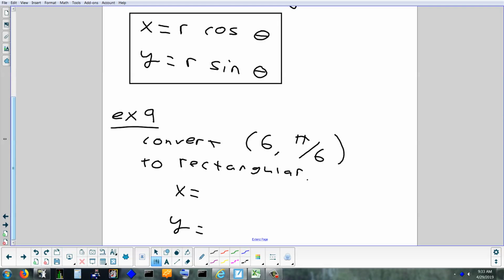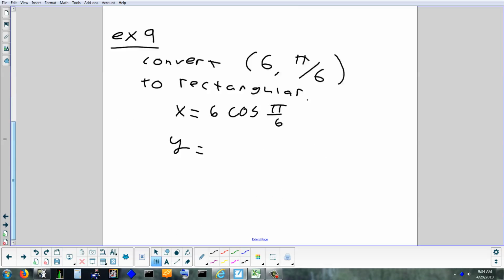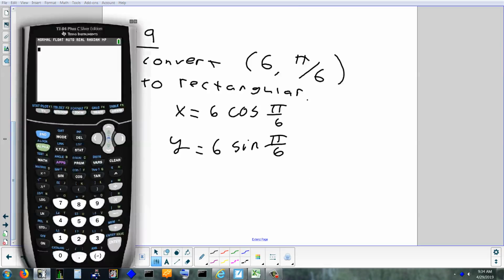And can you tell me what I would put in my case? So 6 cosine pi over 6. Yep, 6 cosine pi over 6. And I'll hold off. I'm going to do that out in a little bit. And how about, Libby, my formula for y? 6 sine pi over 6. 6 times sine of pi over 6. Okay, and now I'll do that one out.